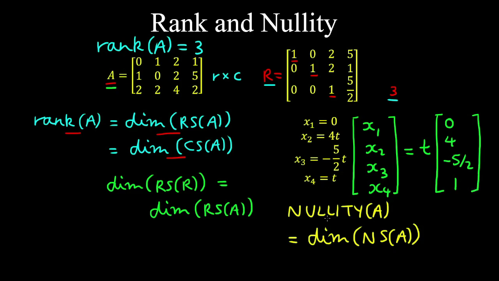So therefore, in this case, the nullity of our matrix A is equal to the dimension of the null space, which is 1.